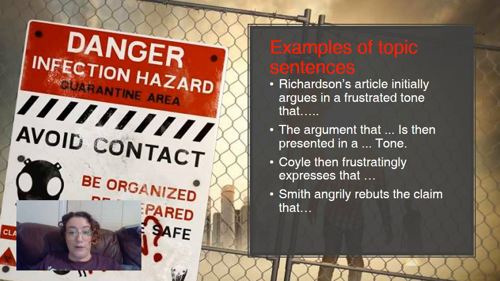Here's another one. Coyle then frustratingly expresses that pink socks are disgusting. Smith angrily rebuts the claim that everybody likes wearing pink socks. Okay? So these give you a bit of an idea of how it should sound for your first sentence.